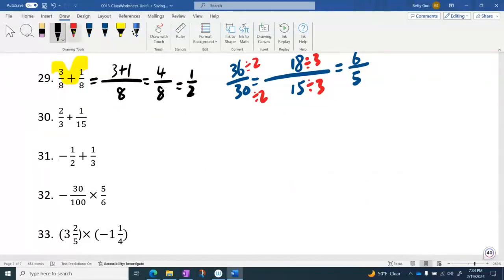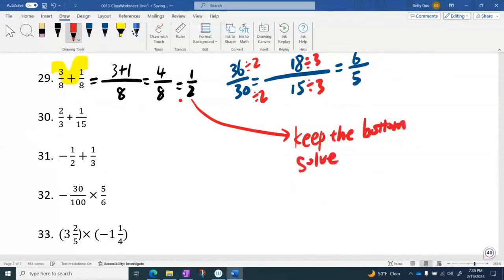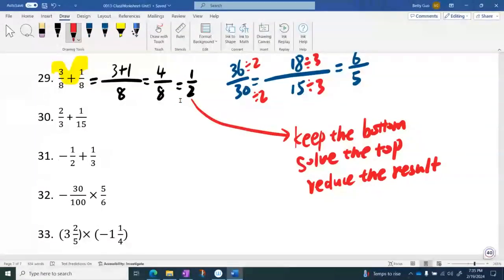So the rule here is keep the bottom, solve the top, reduce the result. We apply this rule when we add or subtract 2 fractions with the same denominators. And we keep the denominator 8, solve the top, and then reduce the result.